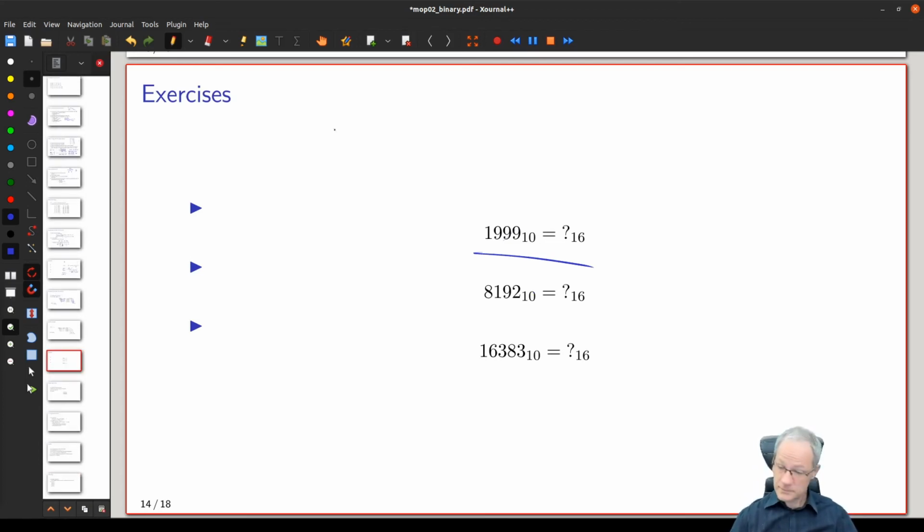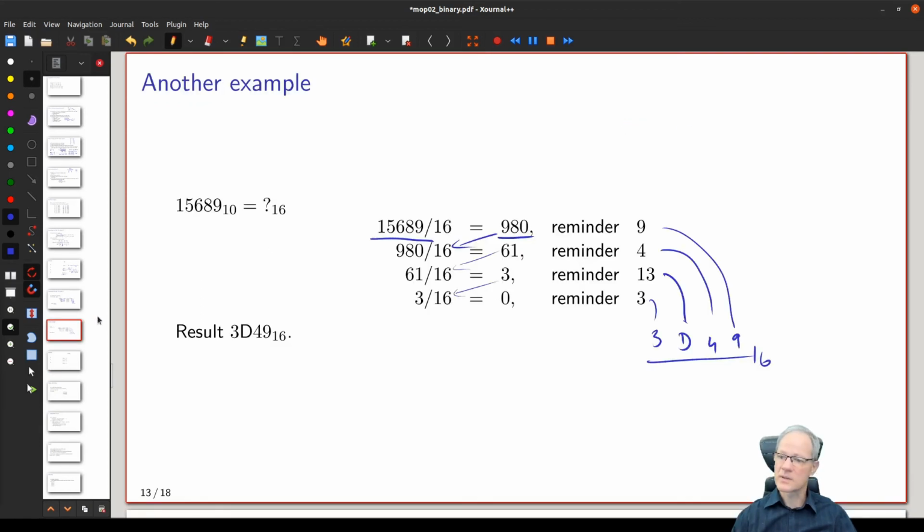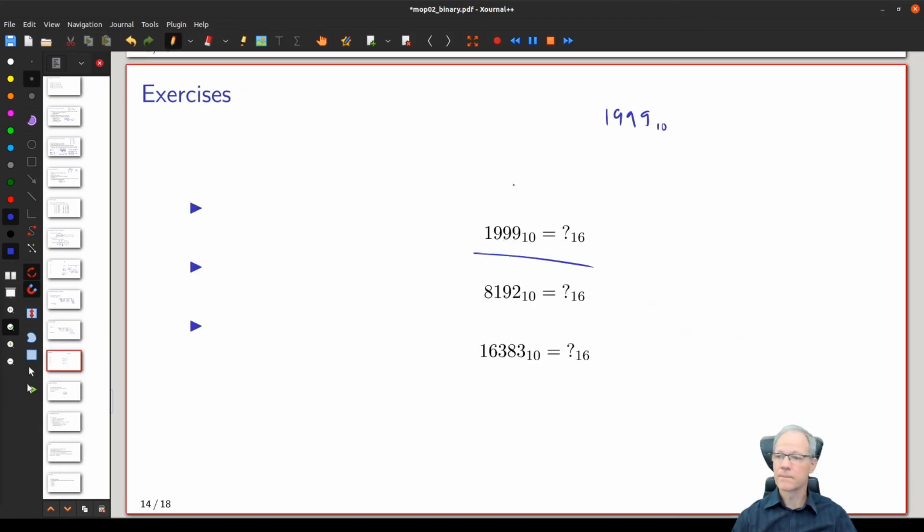All right, so let me try this as well. So 1999, let me try that one. Okay, so 1999 in decimal. I want to know what this is in hexadecimal. One way to do that is the classical way. We just divide it by 16, just as we did before, right?